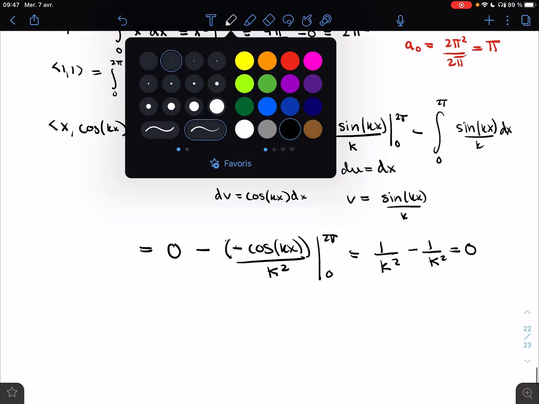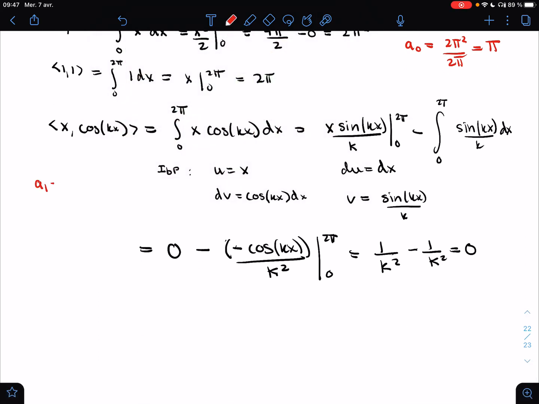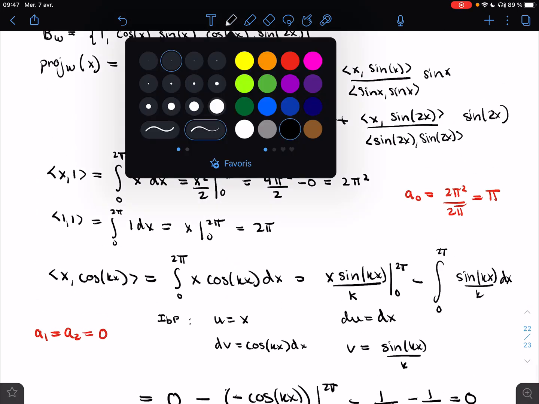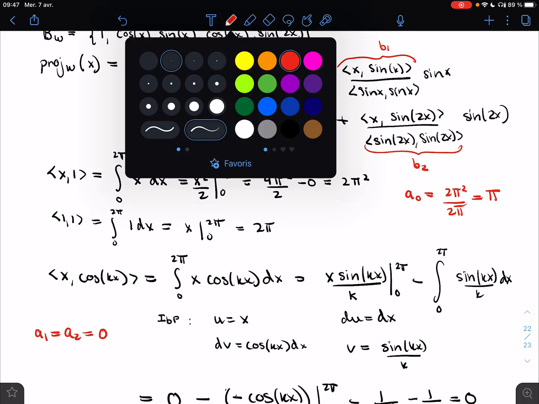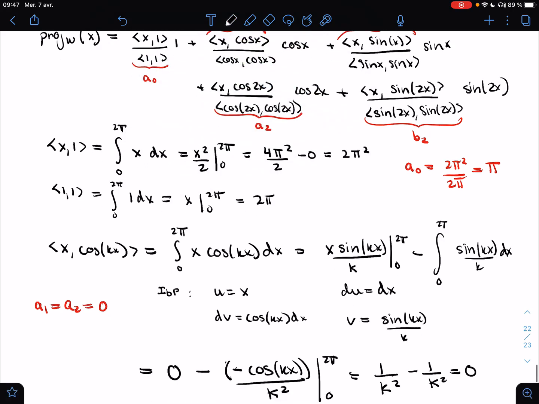So that means already we have A1 and A2 are 0. All right, so we have B1 and B2. Let's write them here. So this is B1, this is B2. I have B1 and B2 left to compute.